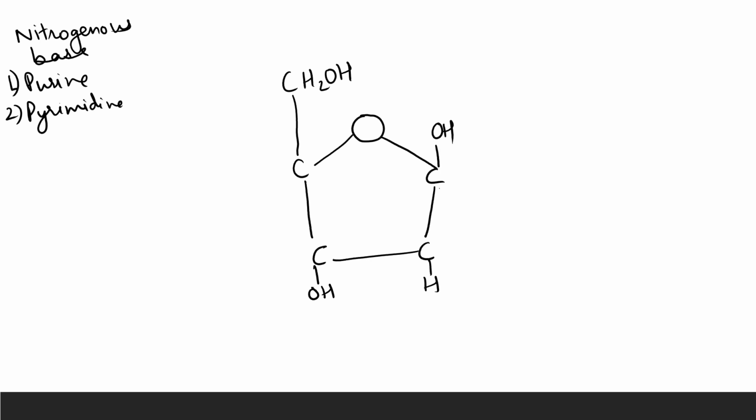Under purine we have adenine and guanine, and in pyrimidine we have thymine and cytosine. So these are the nitrogenous bases. We can attach anything, adenine, guanine, thymine, cytosine, to make the nucleotide.